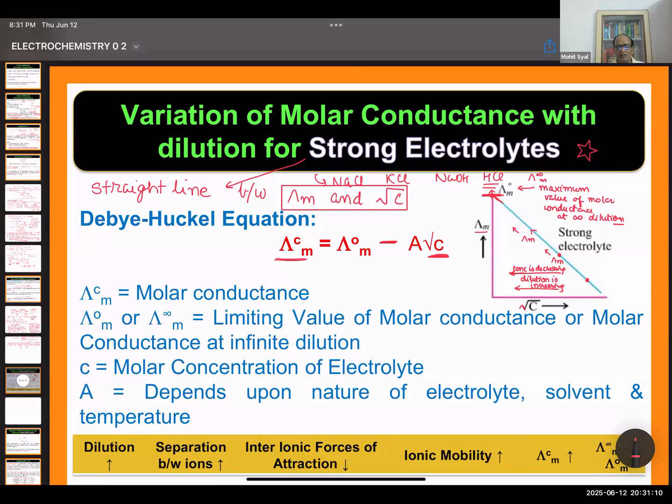Slope is minus a, and c is the intercept on the y-axis. Slope is negative, which means it is coming down, and if you are decreasing the concentration, it is increasing. Is it clear? So this is known as the Debye-Huckel equation.